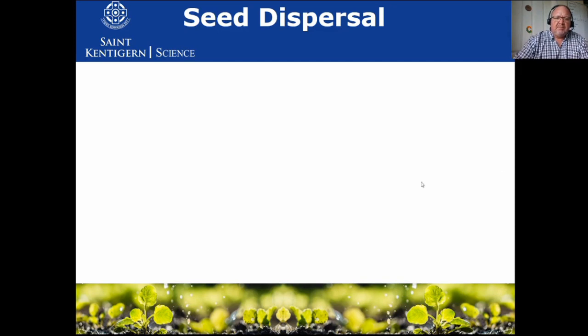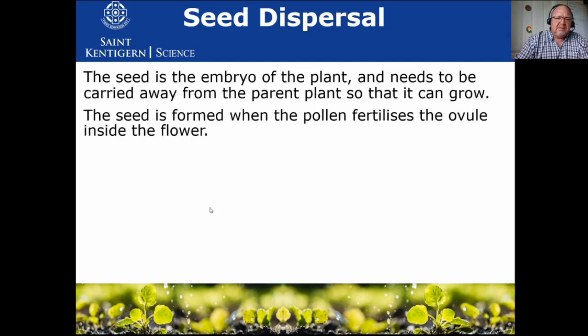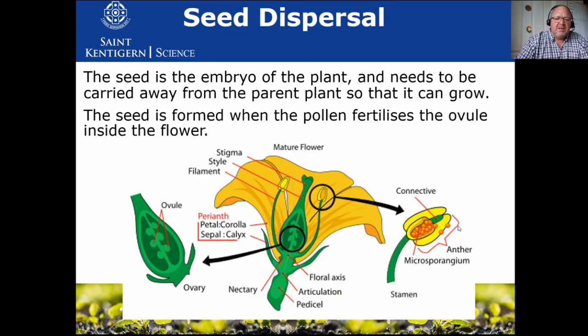So, how do we do some seed dispersal? The seed is the embryo of the plant, and it needs to be carried away from the parent plant so it can grow. The seed is formed when the sperm fertilizes the ovule inside the flower. Okay, and we looked at this extensively in the previous lesson.